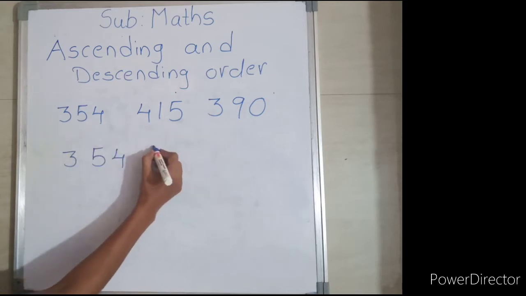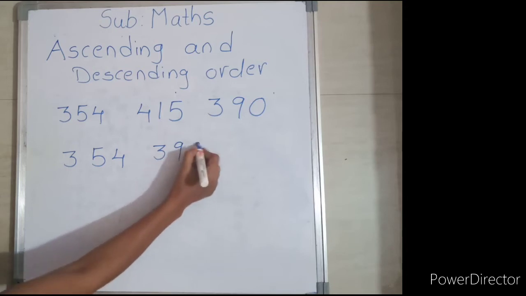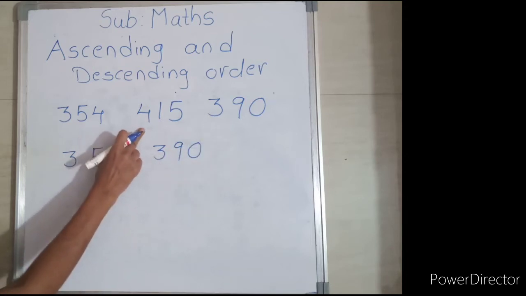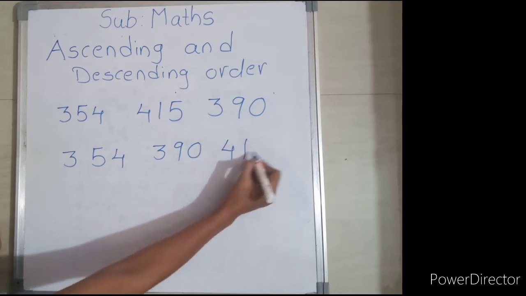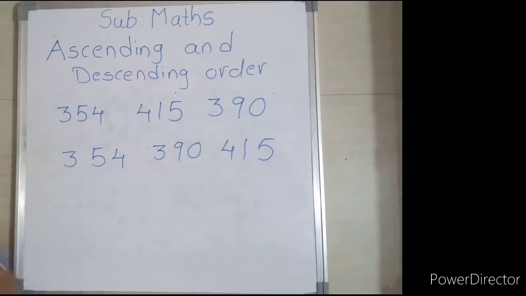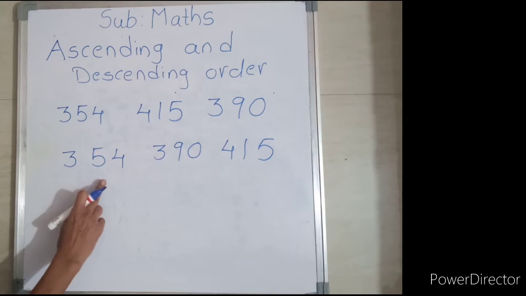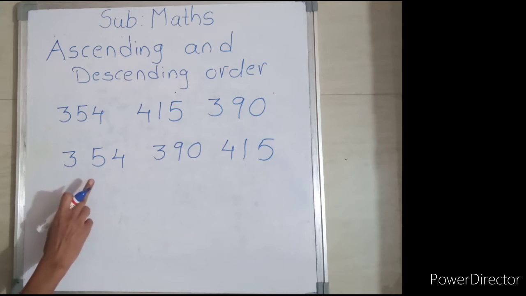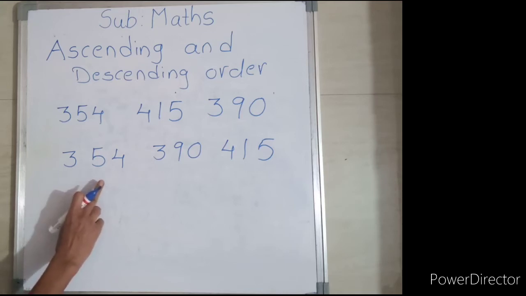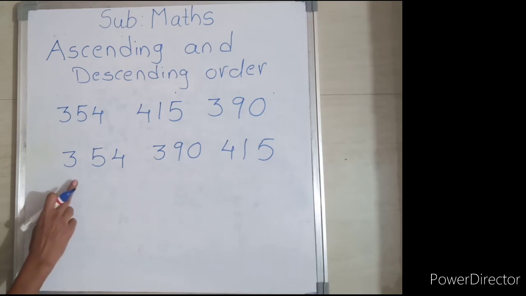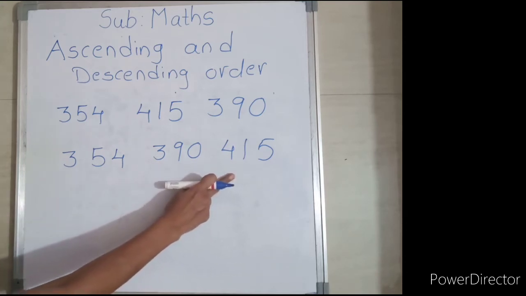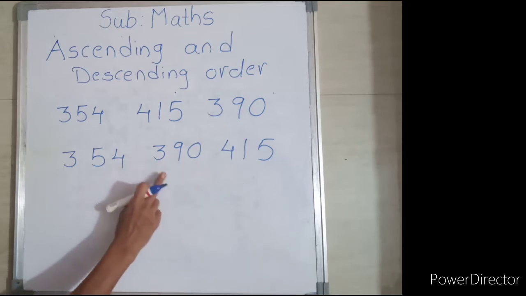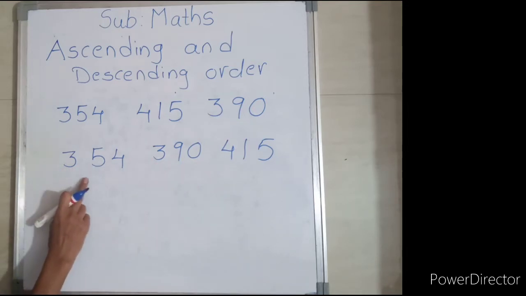Then next is 390, and here the hundreds place 4 is there, so this number is big, so 415. So these numbers we have written from smaller to bigger, so it is in ascending order, and from this side 415, 390, 354, it is in descending order.